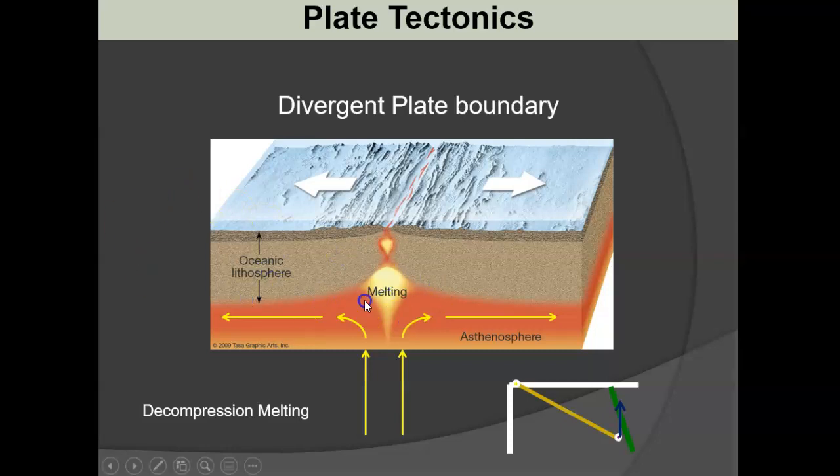So my liquid starts to rise up and collect, and it forms some chambers, which eventually at this location where I'm ripping the crust apart, I have magma available to come to the surface and fill that gap and form new crust. So at divergent boundaries, we get decompression melting. This is what's driving the melting here. This is why there's magma at this location.